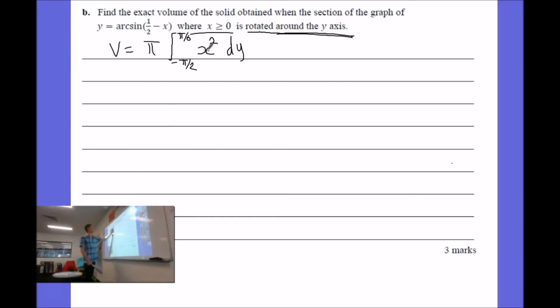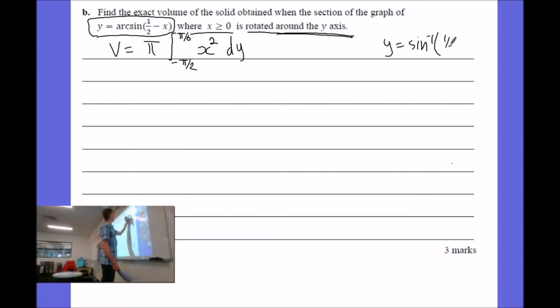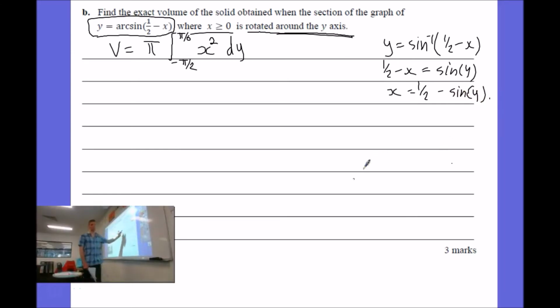So we have to take our rule and transpose it for x. We have half minus x equals the sine of y, and then x is going to equal half minus the sine of y.